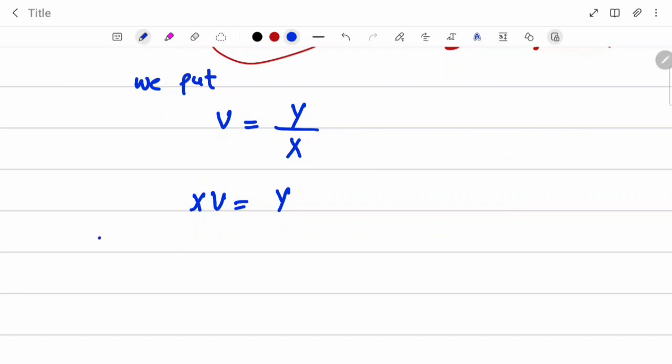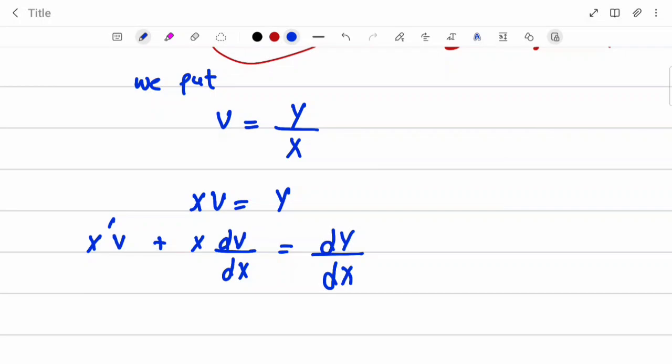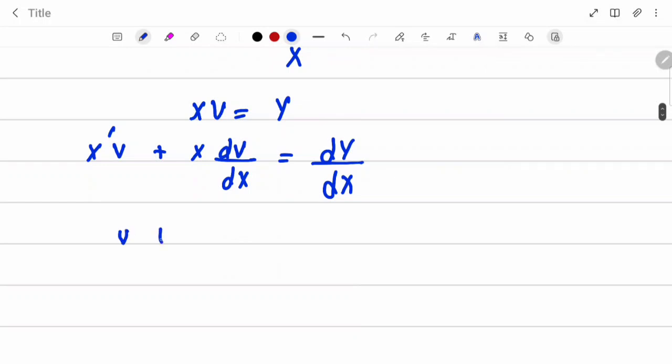So the derivative of X, v as it is, plus X as it is, the derivative of v, that is dv over dX, equals dY by dX. Now everybody knows the derivative of X is 1, so there is no need to write it, or you can write it in a further step as v plus X dv over dX equals dY by dX.